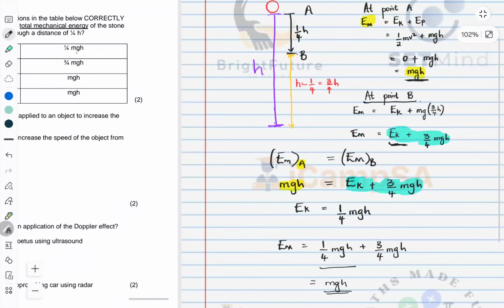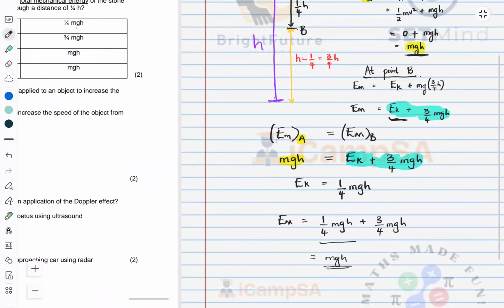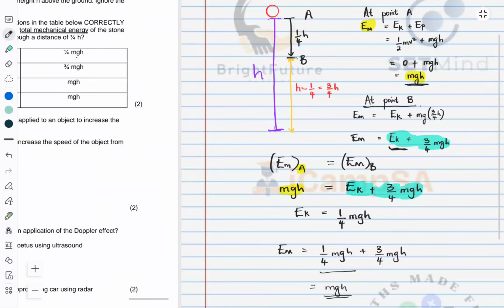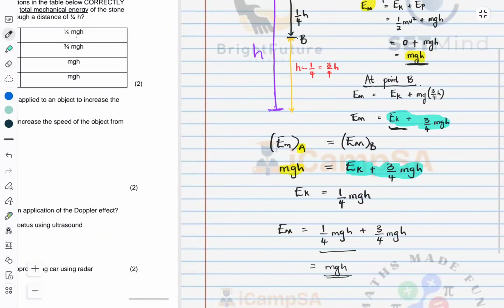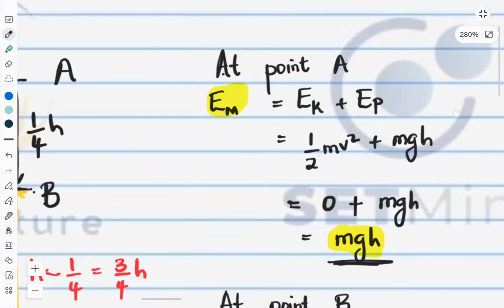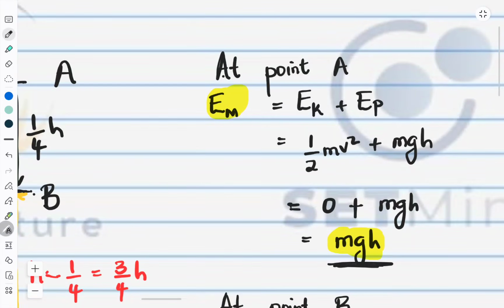If you notice, I took the longer route. What I should have done is recognize that at point A my mechanical energy is mgh, so due to the conservation of energy, because friction is not present, at point B I should have mgh as well.